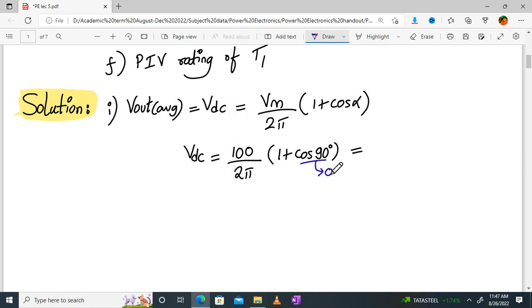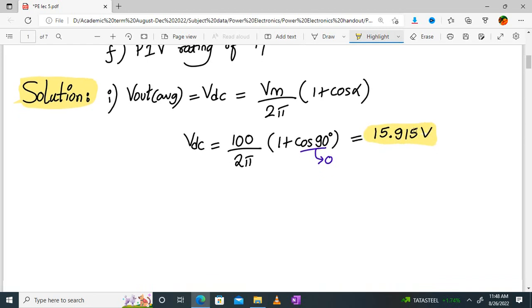So 100 upon 2 pi is the answer. Are you all getting 15.915? Yeah, that's correct.